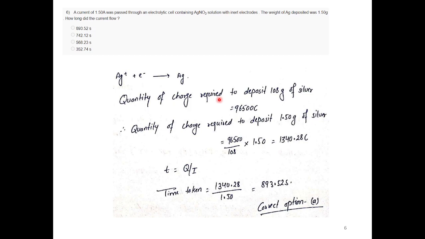So coming to here, this solid metallic product is formed by a reduction, so it will happen at the cathode, right? Reduction happens at the cathode. So here silver ion is going to be deposited as metal, right?